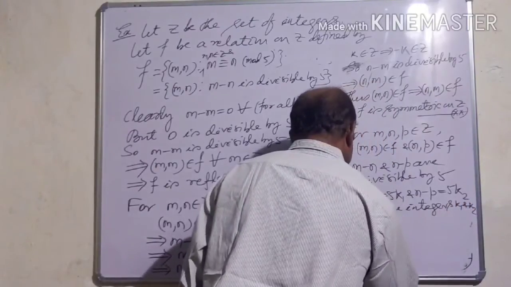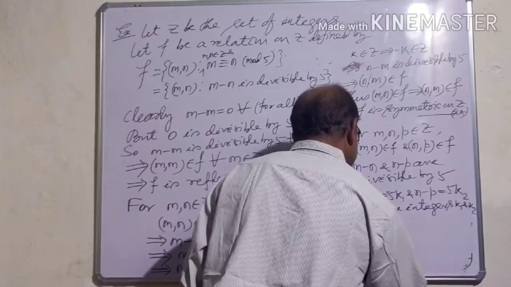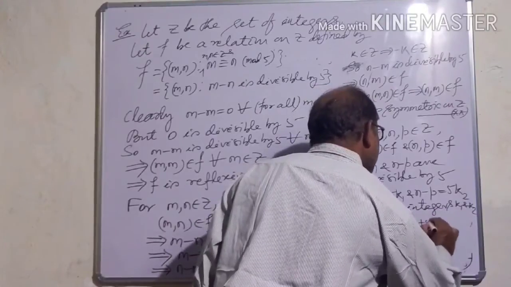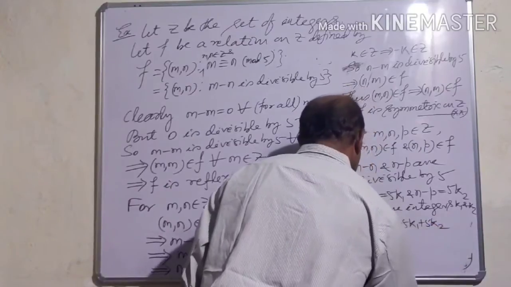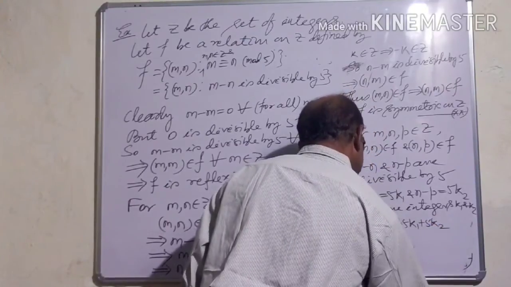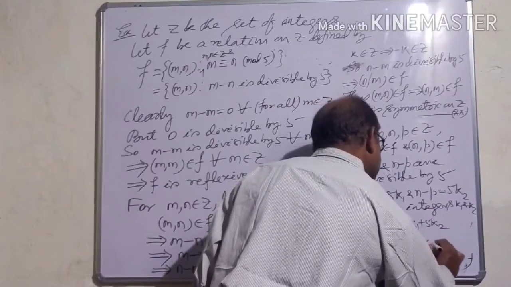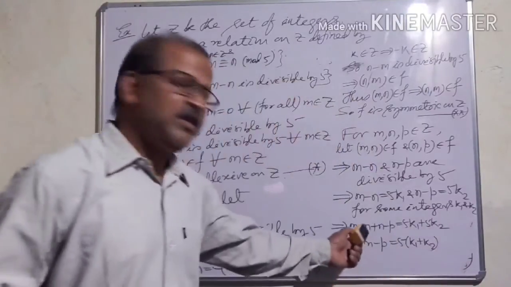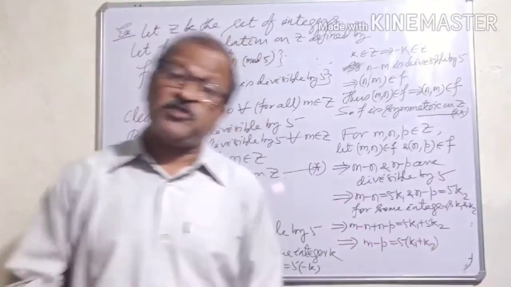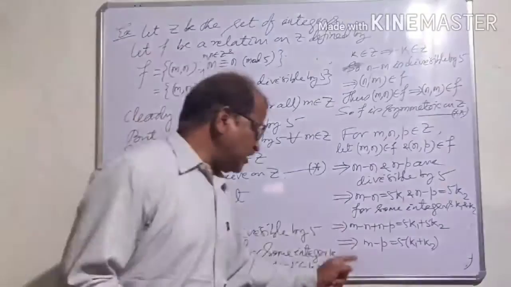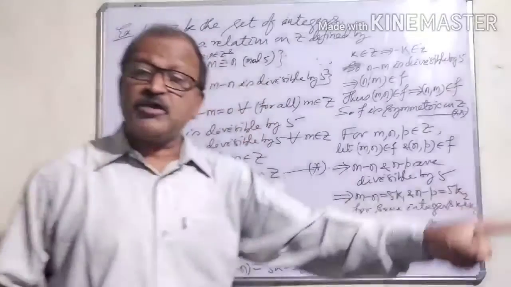This implies M minus N plus N minus P is equal to 5k1 plus 5k2. This implies M minus P is equal to 5 into k1 plus k2. Right? And N will cancel each other, minus N plus N. So it is M minus P. M minus P is 5 into k1 plus k2.